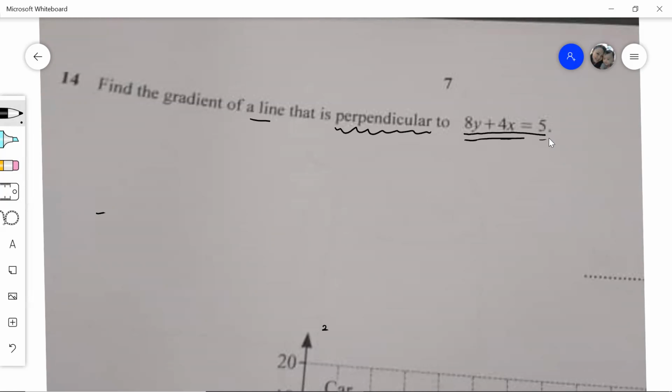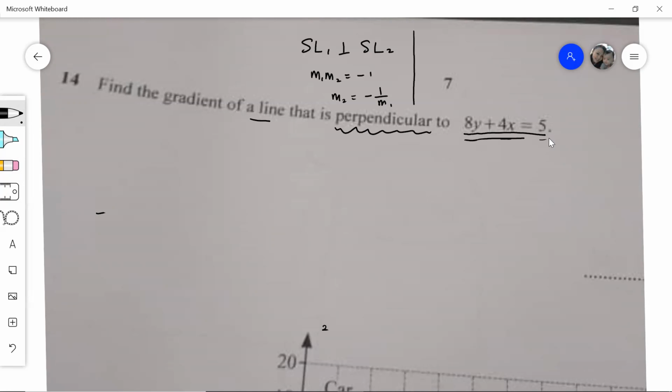So this will come back to the basic concept that when straight line 1 is perpendicular to straight line 2, their gradient m1 times the gradient m2 will always equal -1. That means if I know m1, I can find m2 by finding the negative of the reciprocal of m1.